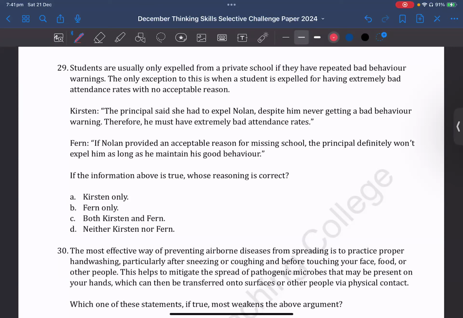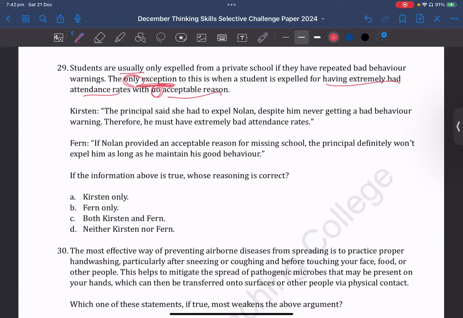So for question 29, students are usually, and the key thing is that usually means not always, expelled from private school if they've repeated bad behavior. The key thing is the only exception is when you've got an extremely bad attendance rate with no acceptable reason. So Kirsten is saying the principal said she had to expel him despite him never getting a bad warning.